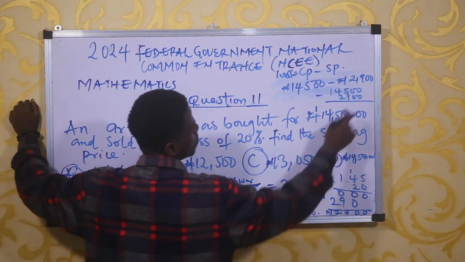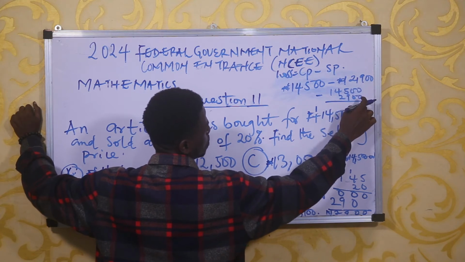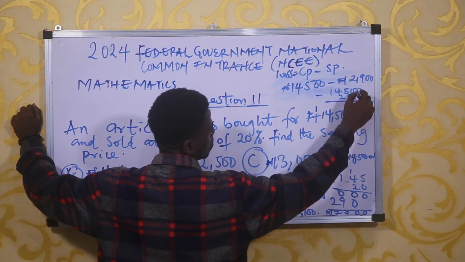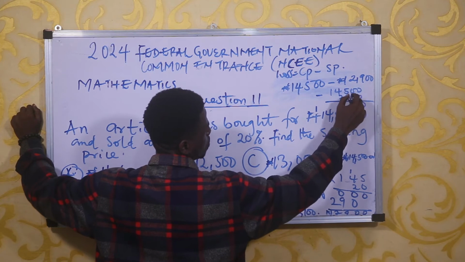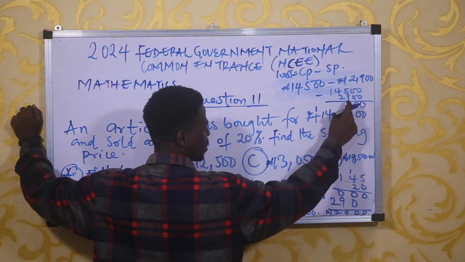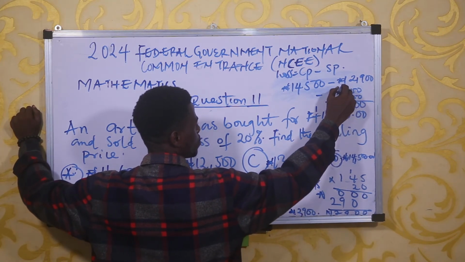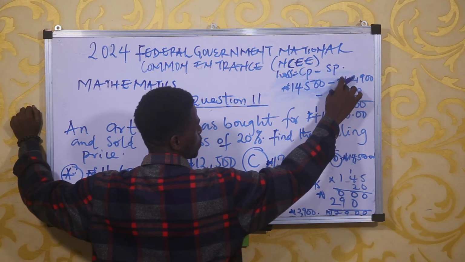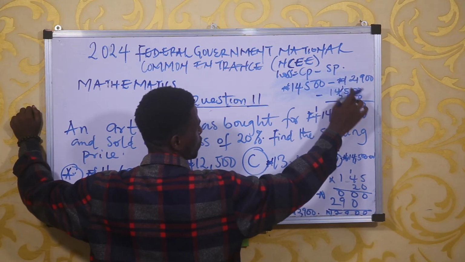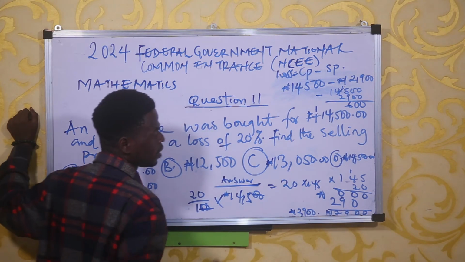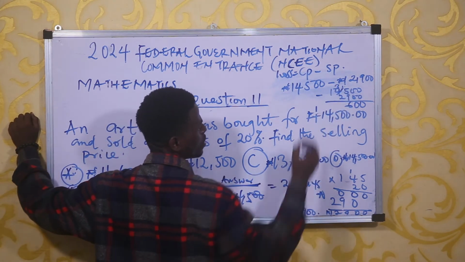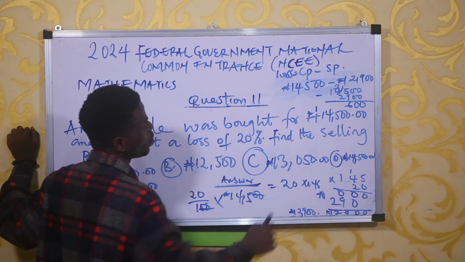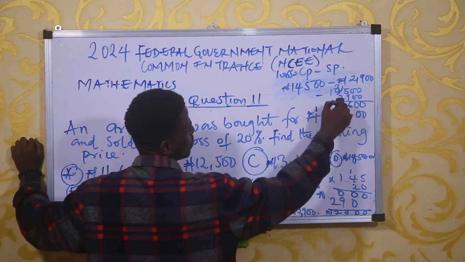In this place, 0 minus 0 is 0. This one is 0. 5 minus 9: 5 cannot minus 9. So we take a 1 from this one, it becomes 10 plus 5, which gives us 15. 15 minus 9 will give us 6. Take note of that. So this will remain 3. 3 minus 2 is 1.